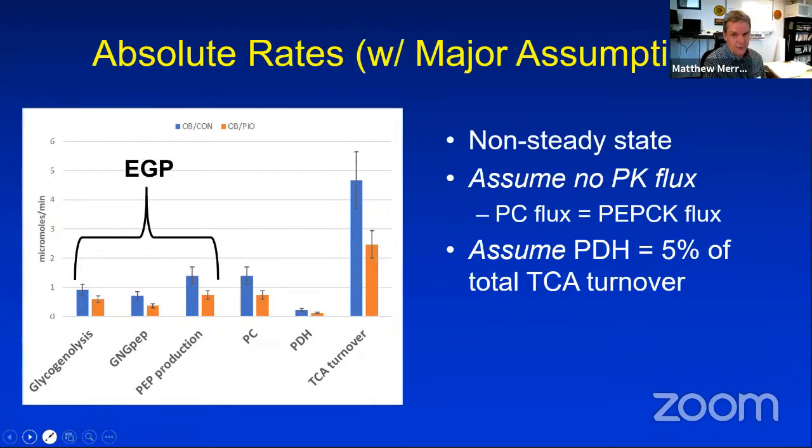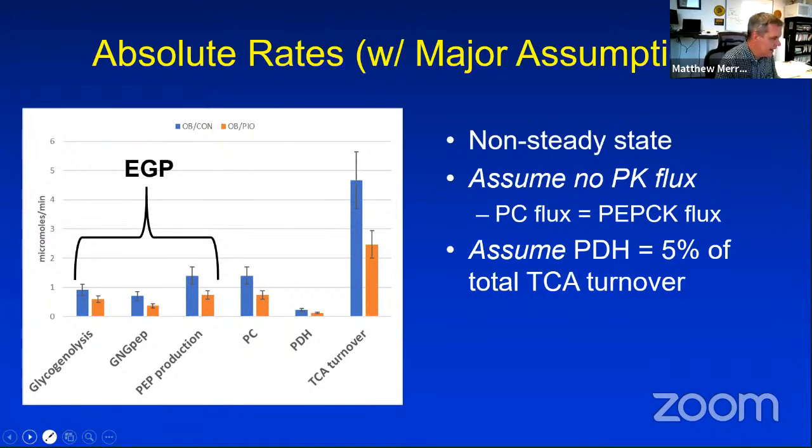Now, this is where the wheels really came off for me. We do not have a good estimate of substrate selection, unfortunately, because we're not in steady state. That is most unfortunate because now I can only assume that PDH flux is approximately 5% of total TCA cycle turnover. That's what it is in most of the literature, as the liver really prefers to oxidize fatty acids.